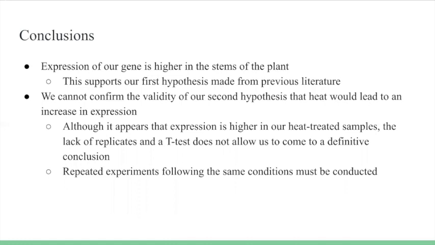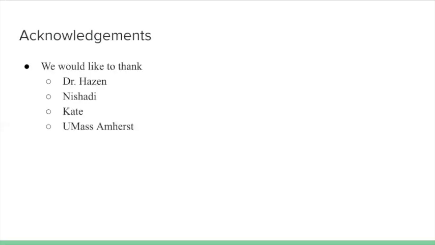And although we have data that appears to support this conclusion, we cannot say definitively whether or not it is true based on the lack of replicates of our treated samples. Again, we only had one treated sample that returned a result that we could use. And so for future experiments, we must repeat this experiment following the same conditions so that we can make any definitive conclusions. And next slide.